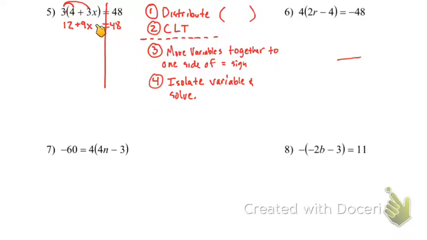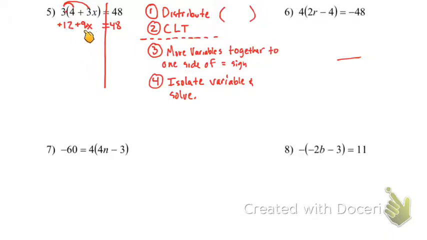Step 4, we now just isolate. We basically do the stuff we did last week. So I need to isolate the x, which means the 9 and the 12 have to go away. But remember, this 9 here is multiplying. Okay? This 12 here is adding because it has a positive in front. So we want to get rid of addition or subtraction first, unless it's being divided, but it's not.